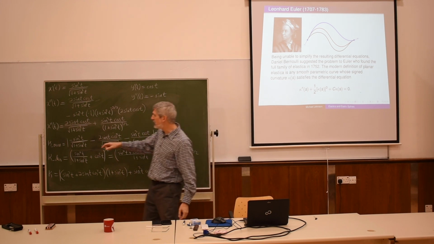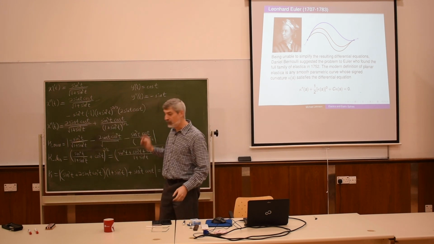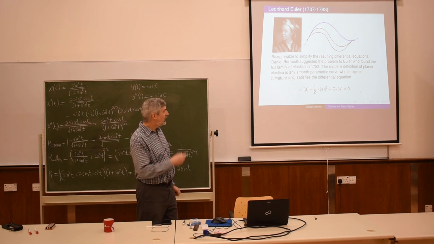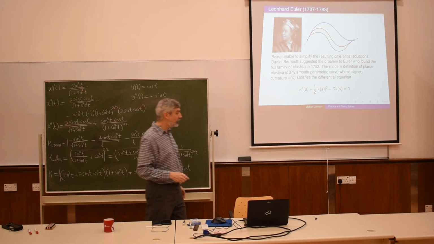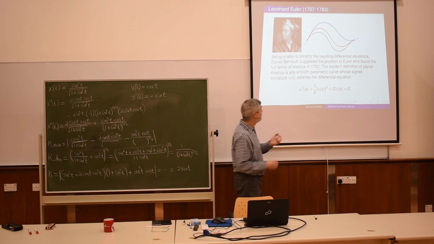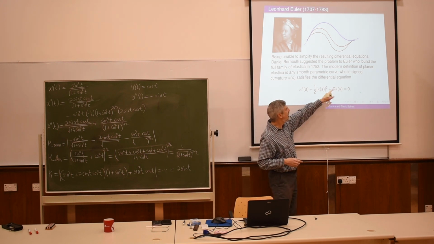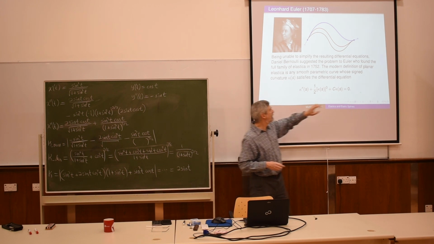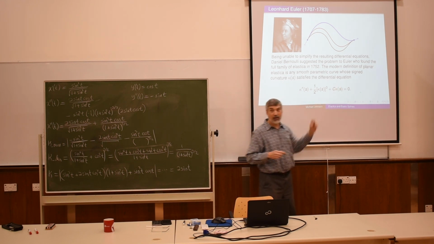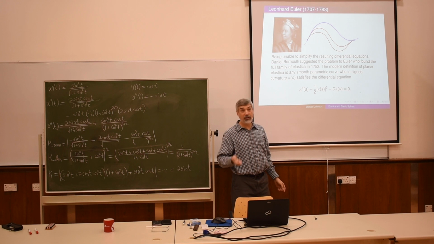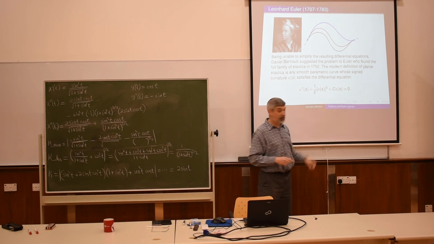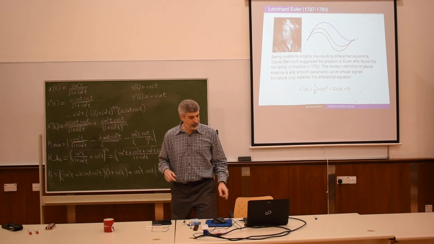So you get rid of these absolute values, and it becomes the sine curvature. If it satisfies this differential equation, then it's called an Elastica. The C here is a constant. If C equals 0, this term is not there, then it's rectangular Elastica. Any other Elastica will have a non-zero constant there.